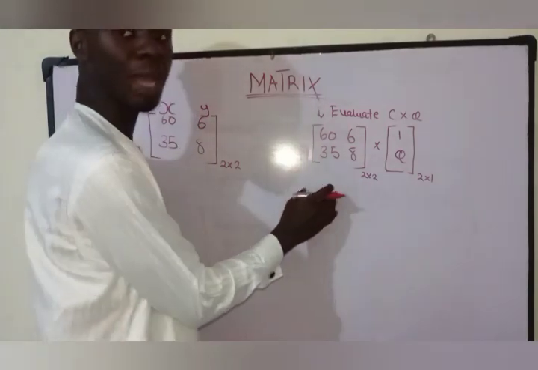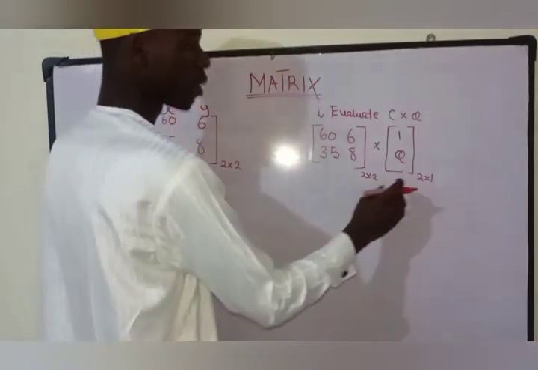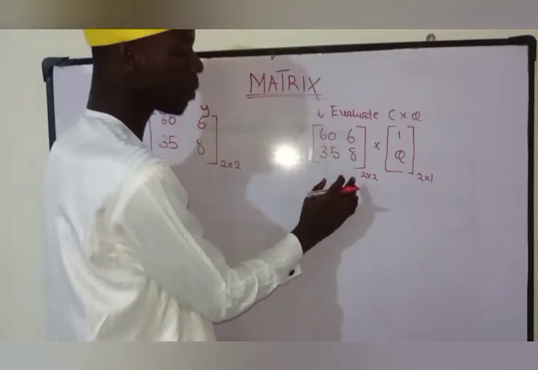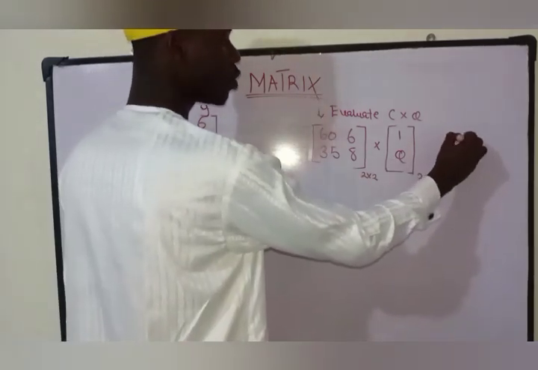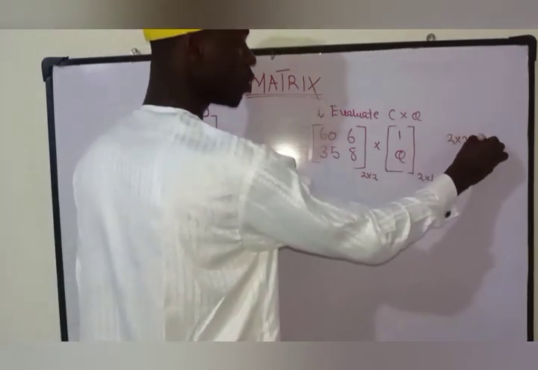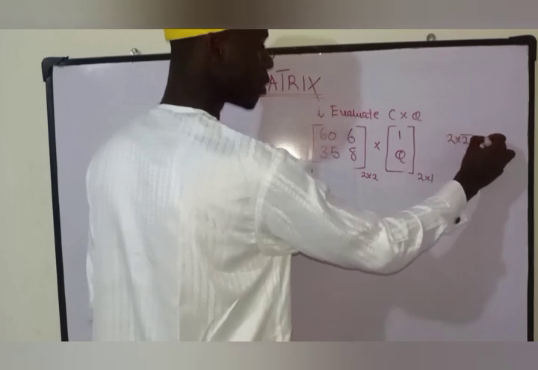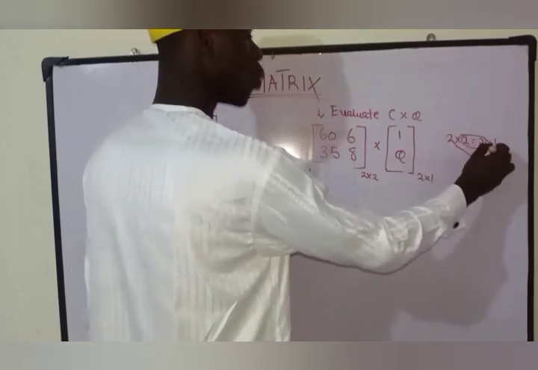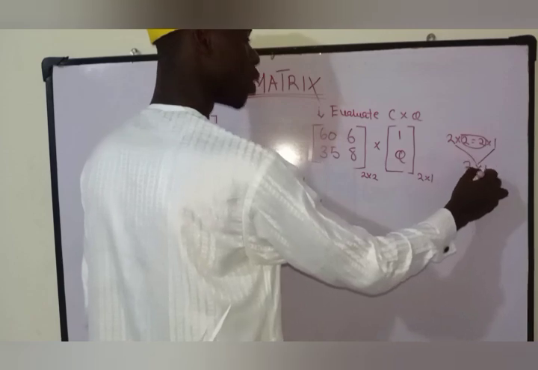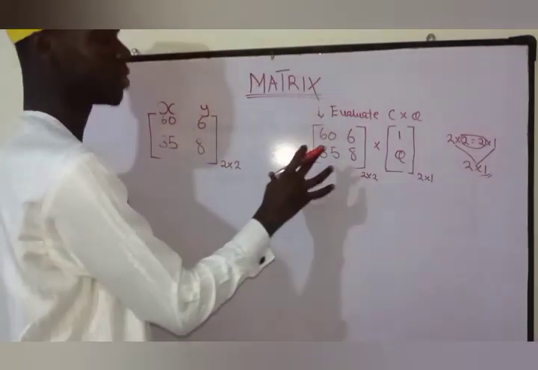So let's see if we can multiply these matrices. For us to check if we can multiply, we say 2 by 2 matrix and 2 by 1 matrix. The inner numbers equate, which means we can multiply this matrix.